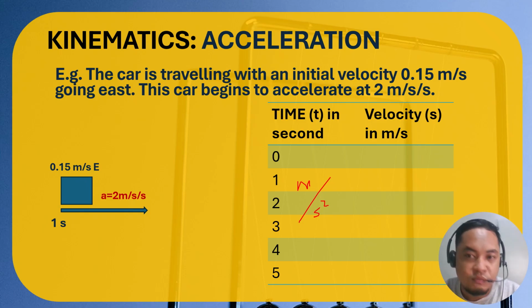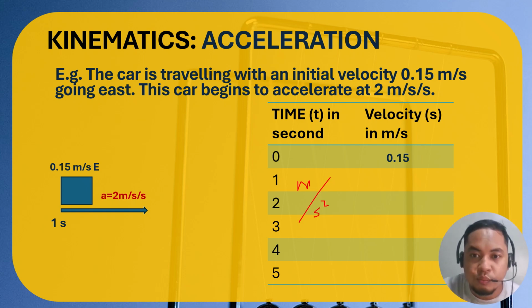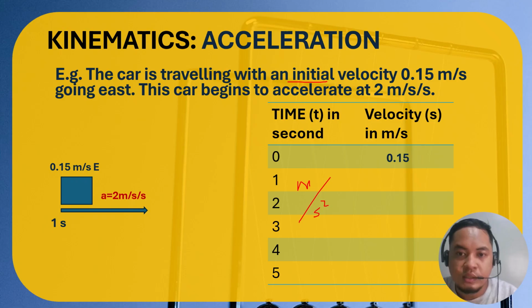We have the initial velocity, we have the uniform acceleration. So at 0 second, that's our initial velocity, and we should be very careful with the word initial. If this is provided in the problem, meaning it starts at zero.